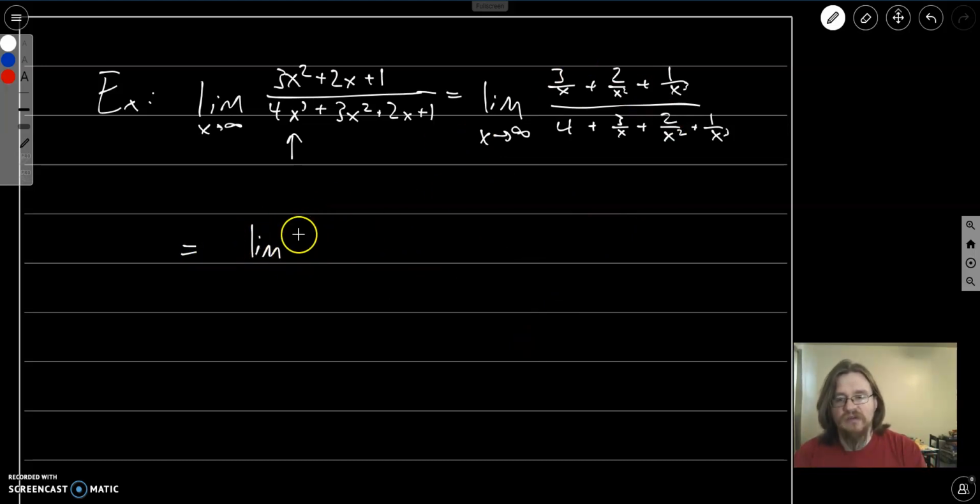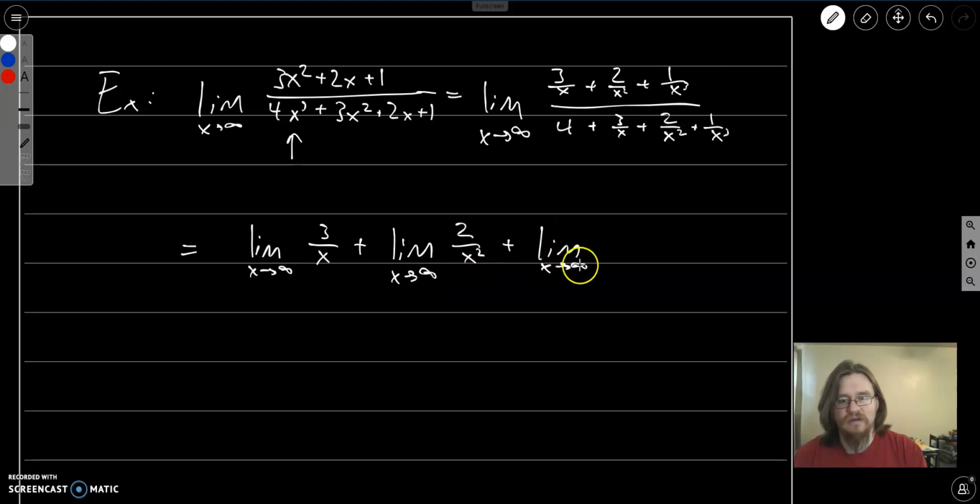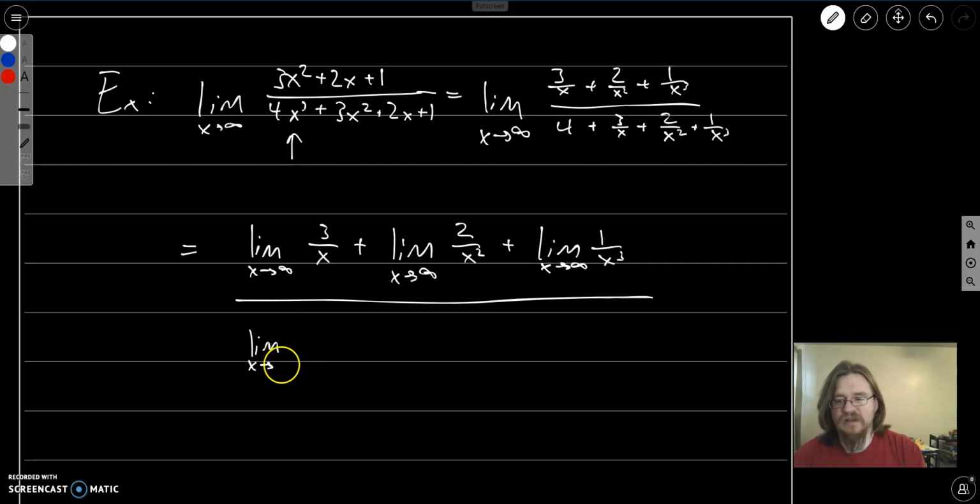Again, I can take the limit of the top and the bottom. So the limit of the top, I can split apart, divided by the limit of the bottom, the limit as x approaches infinity of 4, plus the limit as x approaches infinity of 3 over x, plus the limit as x approaches infinity.